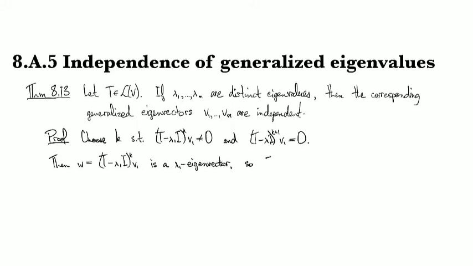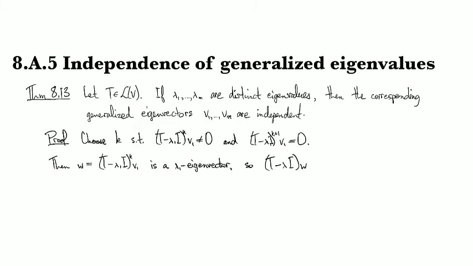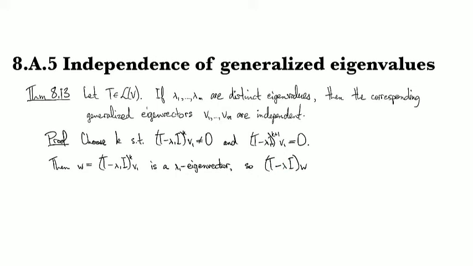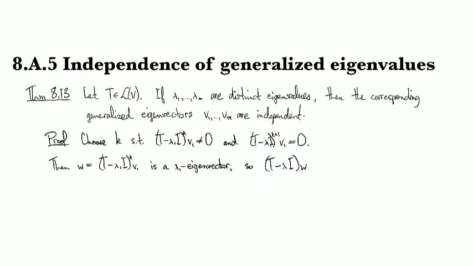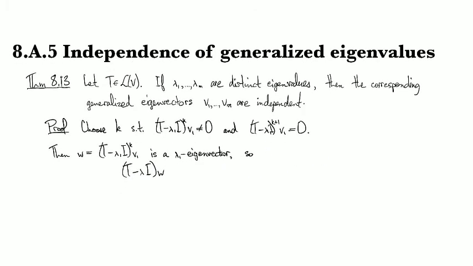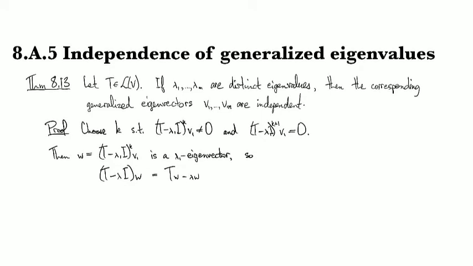So if we apply T minus lambda I to w, notice I'm intentionally not putting a subscript on this one. So this is not necessarily lambda 1, it's just some scalar. Let's give this its own line so we can see how they're right next to each other. So this is Tw minus lambda w.